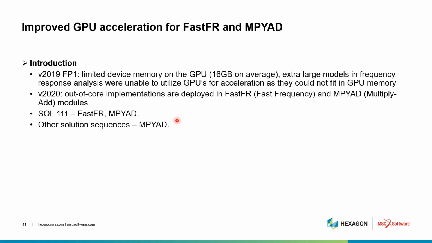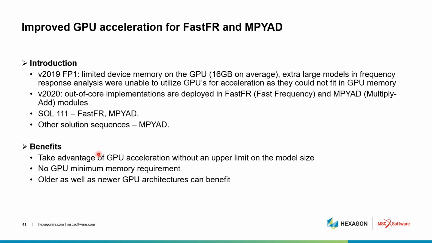So again, adding on to that, we have added some more capabilities to version 2020. So in the previous version, there was solution 111 with FastFR and multiply add, but in version 2020, we are also supporting other solution sequences for multiply add. So for all other customers that are not using just solution 111, but all other solution sequences, you can get a significant performance improvement as well with multiply add functions within MSC Nastran.